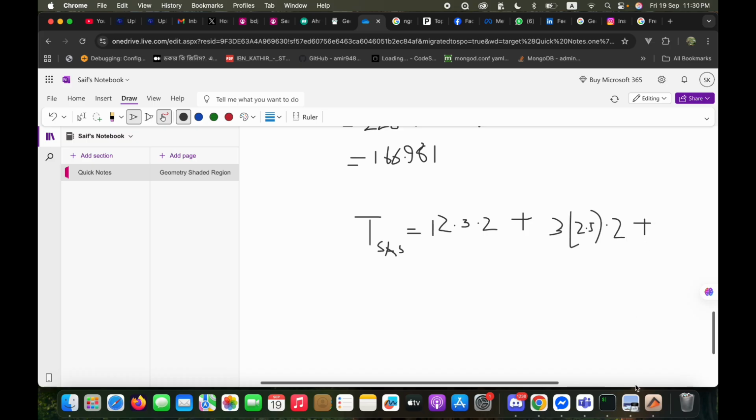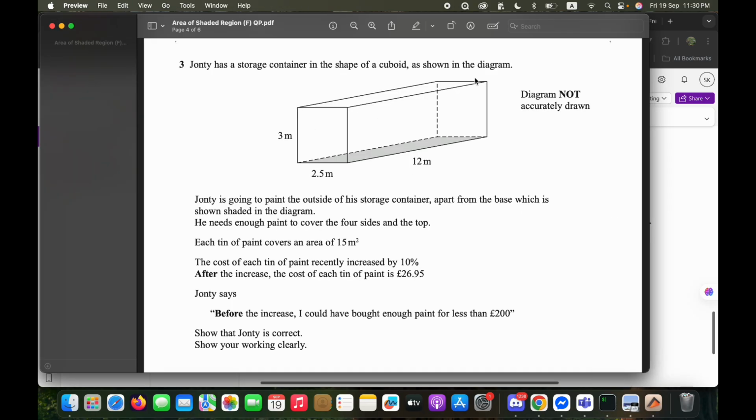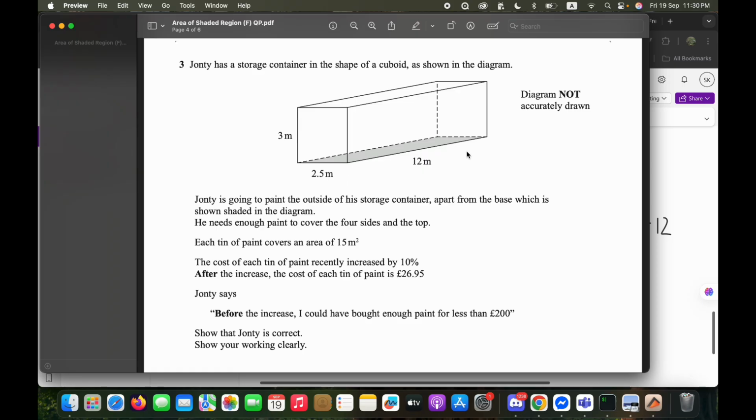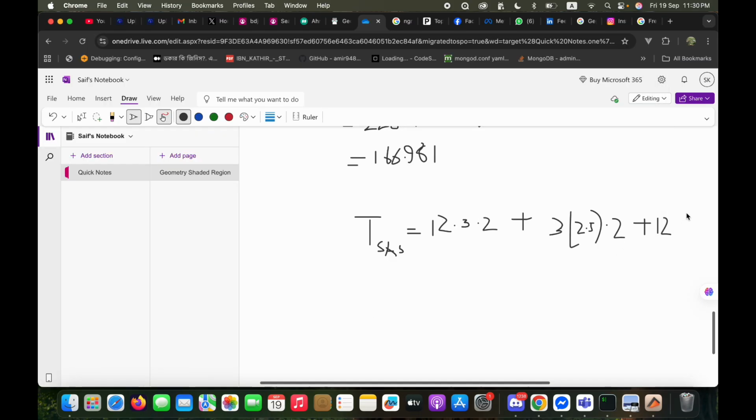And the top part is the same as this shaded region, so the length is 12 and the width is 2.5.